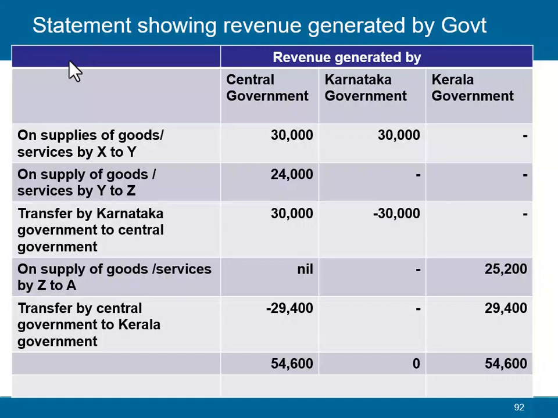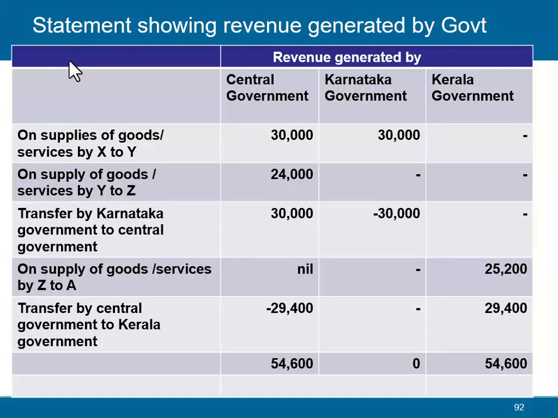Then on the supply of goods from Y to Z, the central government got 24,000 because IGST got in. Then transfer by Karnataka government to central government, आपस में transfer हो गया उनका. On supply of goods or services from Z to A, which is the ultimate, Kerala government got 25,200, and then transfer by central government to Kerala government 29,400.